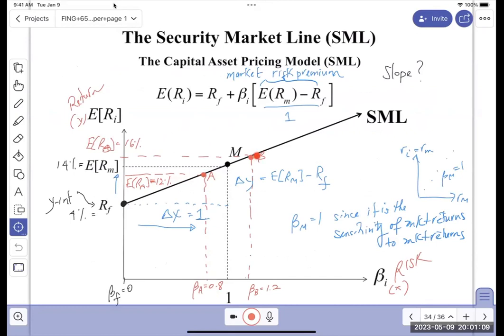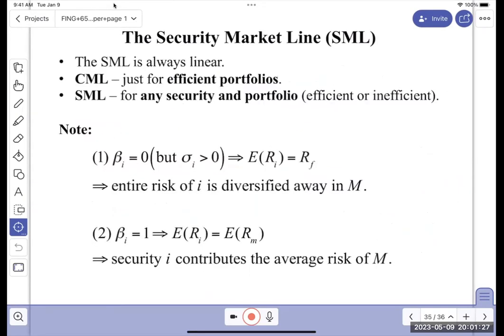Same thing with B. I could short sell T-bills and put them towards the market portfolio and get B. So A and B could be assets in their own right, but they also could be created by combining risk-free and the risky assets of the market portfolio.